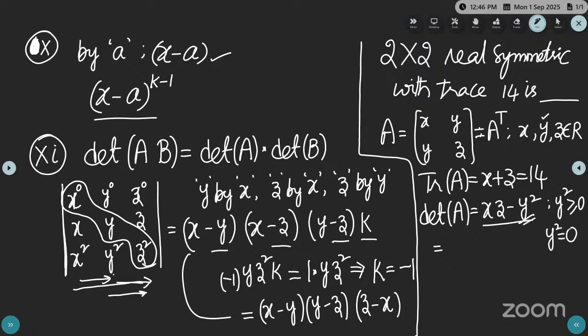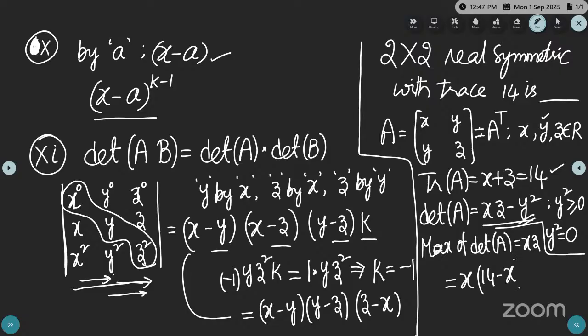So the maximum of determinant of A is equal to XZ, which equals X into 14 minus X, that is 14X minus X square. This is f of x.